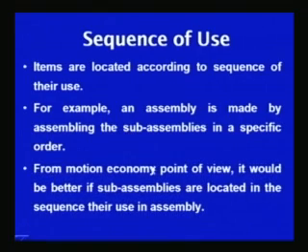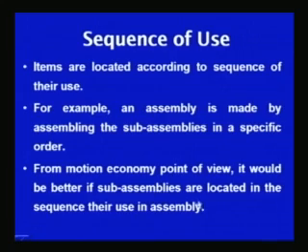From the motion economy point of view, it is important that the sub-assemblies are located in the sequence of their use, but sometimes it is not found very effective, because sequence of use may not lead to the most effective motion, or it may lead to the excessive time required to search and select the items which are to be used during the operations.